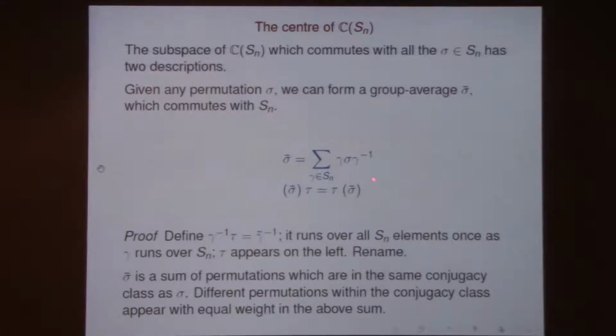A given permutation will appear with a weight here more than once, because some gammas will leave this fixed. But it is important that all permutations in the same conjugacy class as sigma will appear with the same weight. So what we're looking at is sums of permutations within conjugacy classes, all with the same weight.